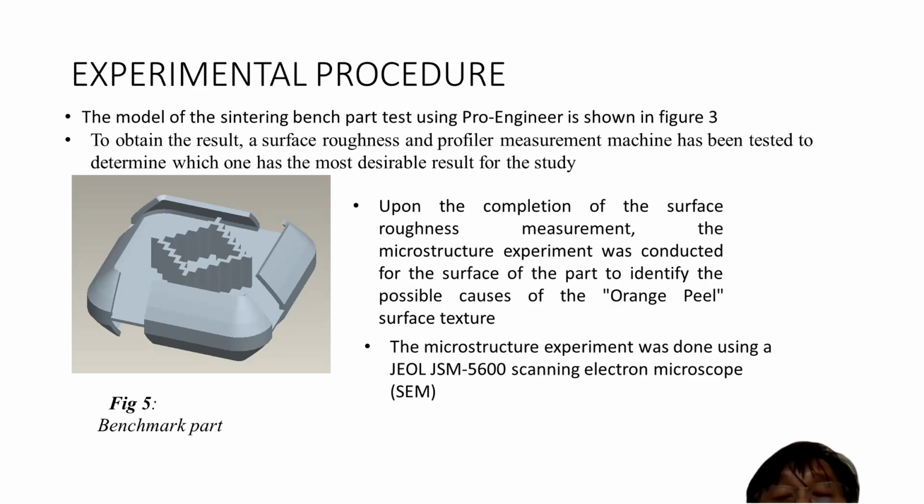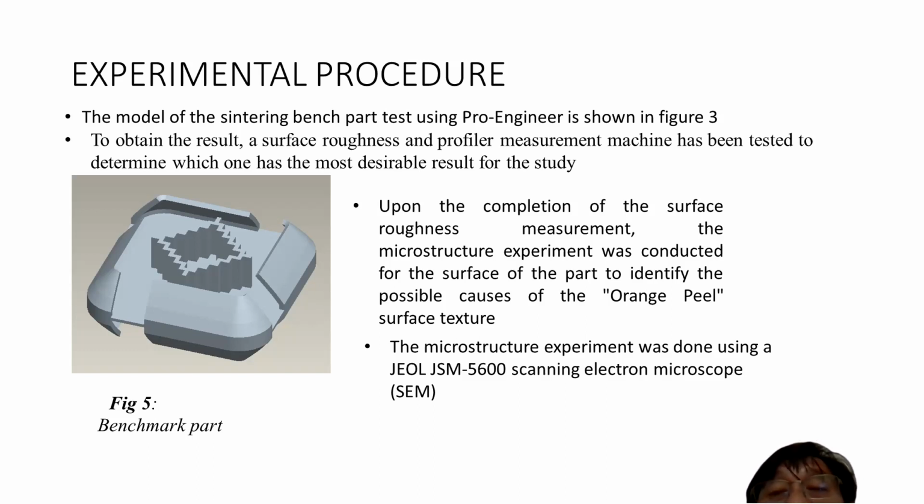Design and fabrication of bench parts. To achieve the objective, the experiment was done on a test subject, which was a laser sintering benchmark part produced under the default setting. The model of the sintering benchmark was designed using Pro/ENGINEER as shown in the figure below.